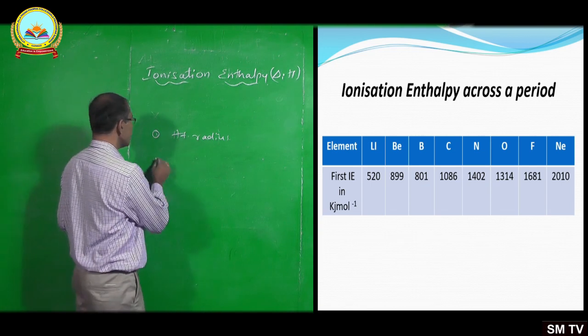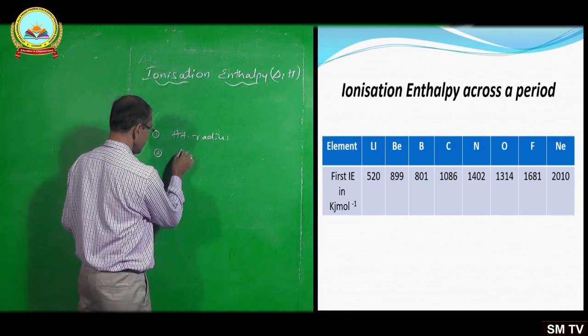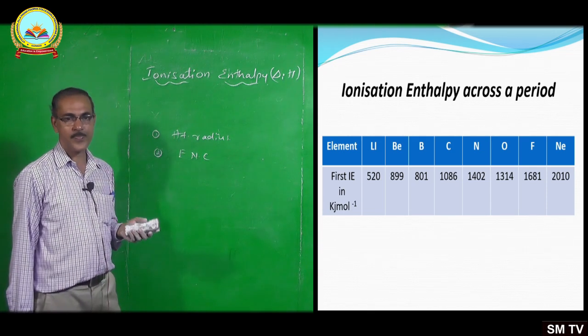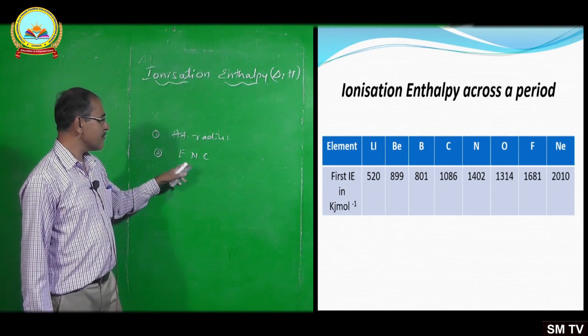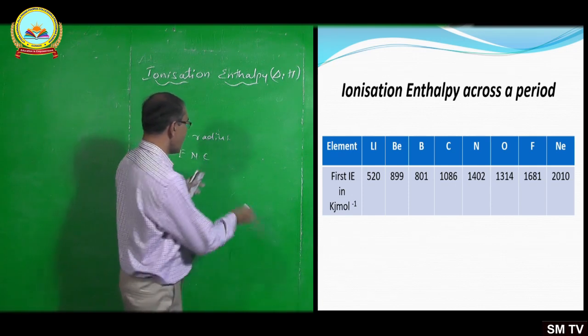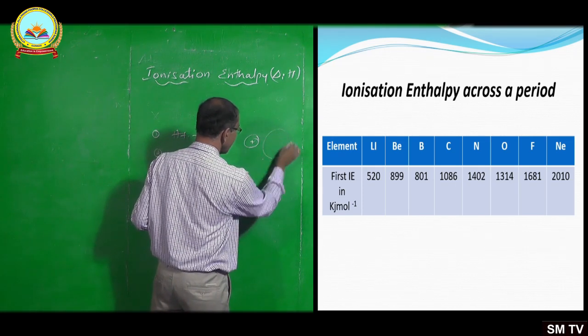Second factor, atomic radius: you take two atoms, a smaller atom and a bigger atom.